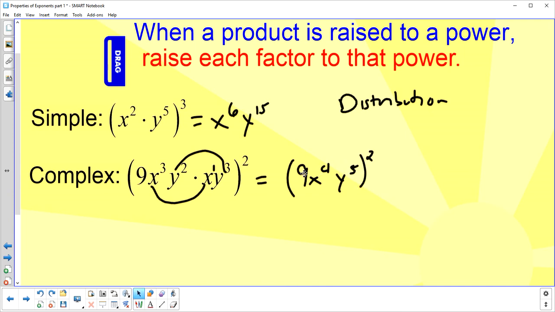And here, this is where it can be a little tricky. We need to actually take 9 to the 2nd, because this is a coefficient, not a power. We actually need to raise it to the 2nd power, so that would give us 81. And now, powers, we actually multiply. So coefficients we raise to the power, powers we multiply, and so we're going to have x to the 8th and y to the 10th. And that would be as simplified as we can go then.